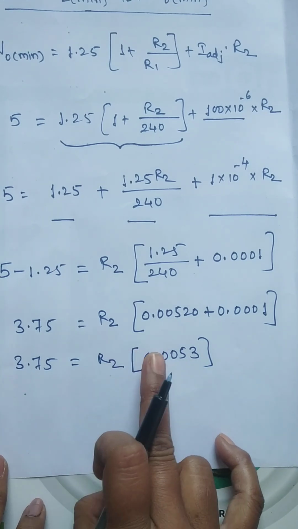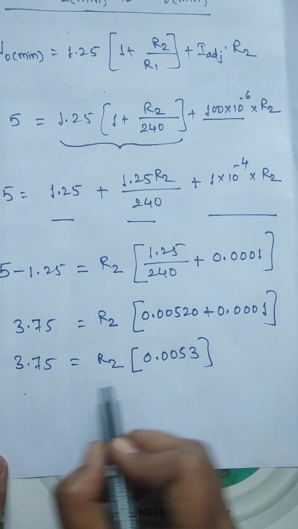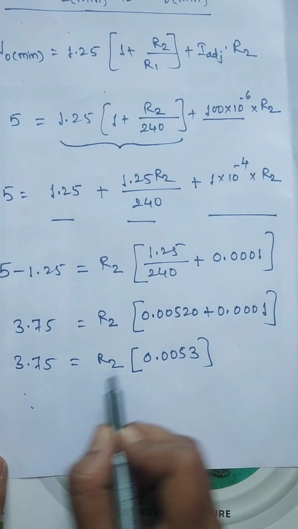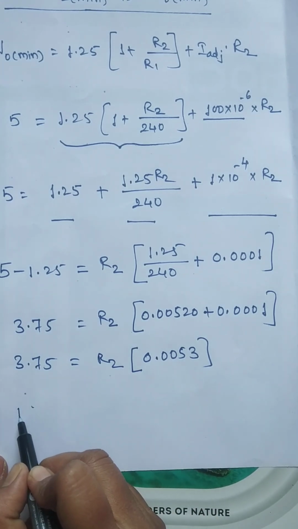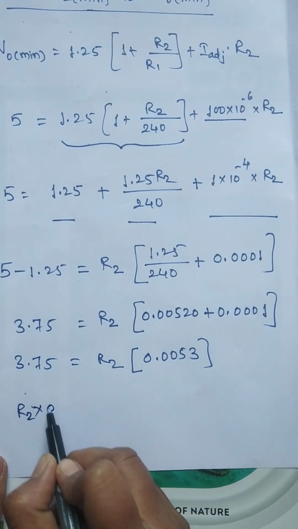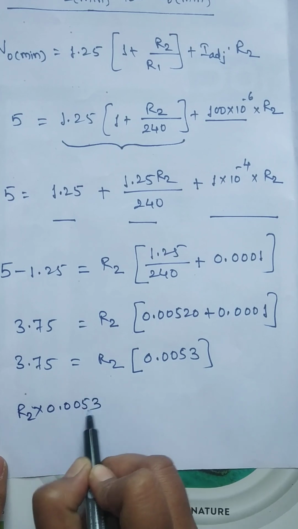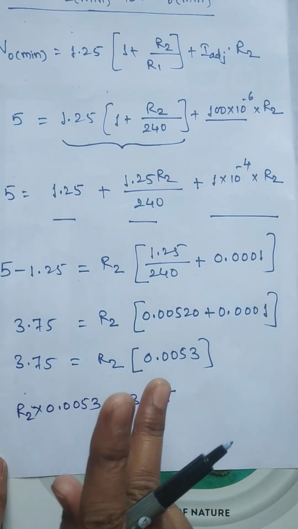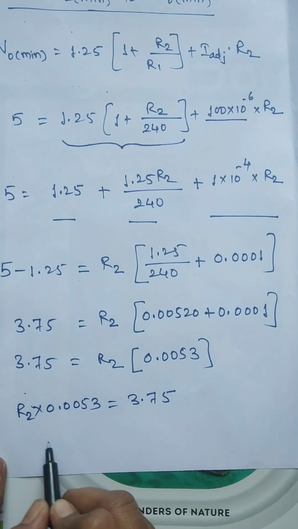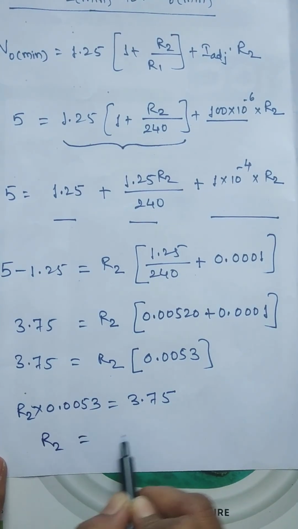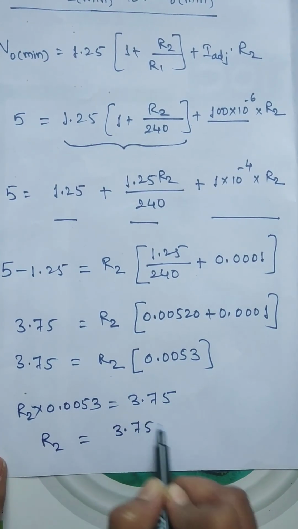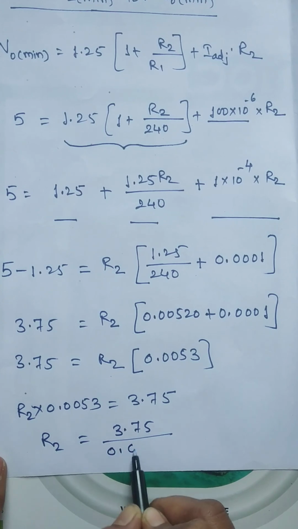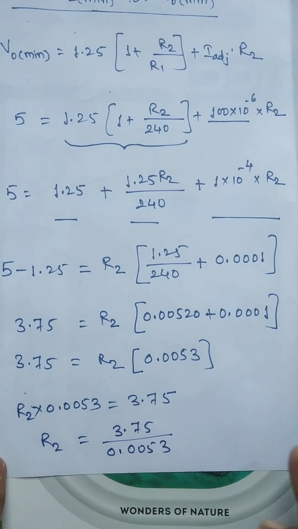Now multiplication is there, transfer this on this side. I will just interchange first. It is R2 multiplied by 0.0053 is equal to 3.75. I have just interchanged right hand side and left hand side for the understanding purpose. So R2 will be equal to 3.75 divided by 0.0053.